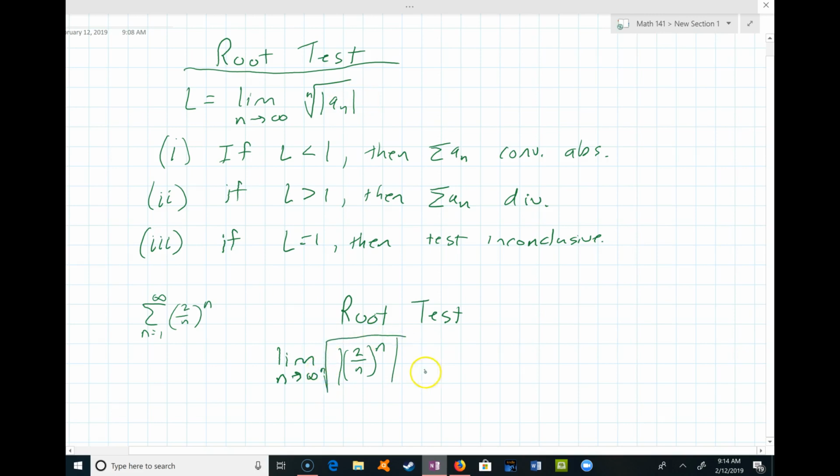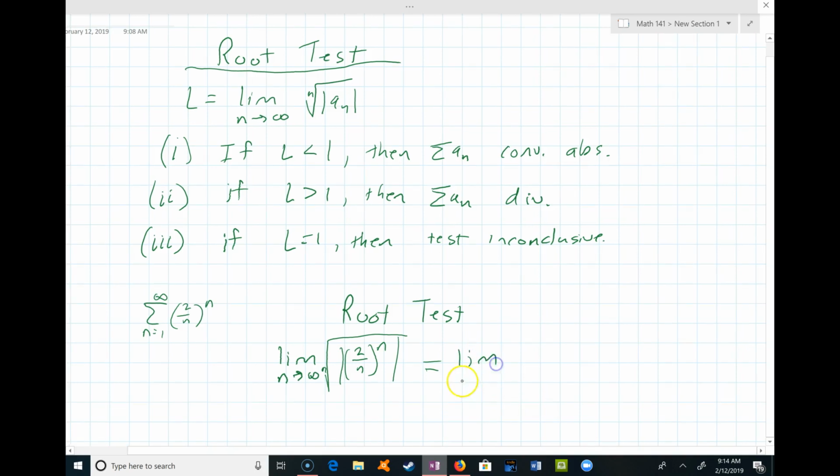You can see how this one is a natural for the root test, because when I take the nth root of something to the nth power, I end up with just 2 over n. Oh, whoops, I still have the limit. The limit as n approaches infinity of 2 over n, and of course that is just 0.